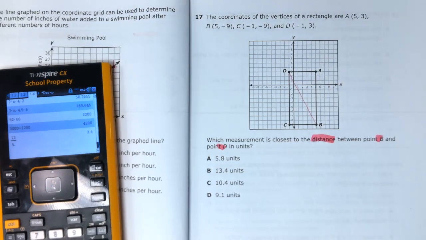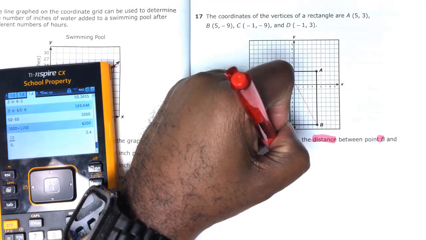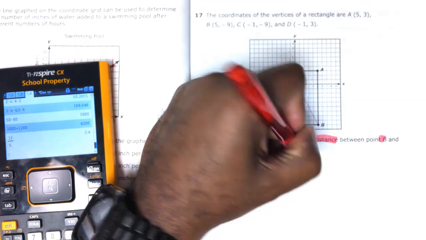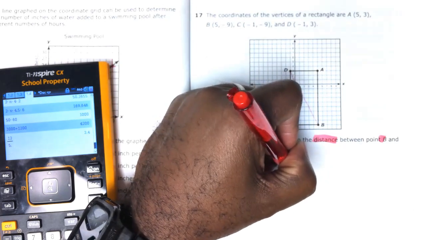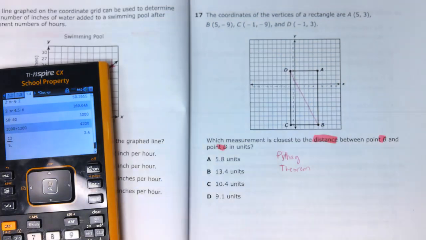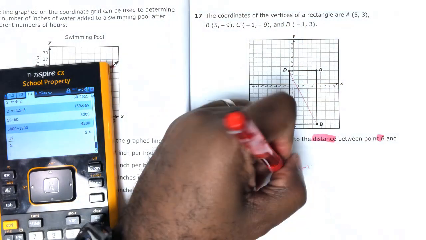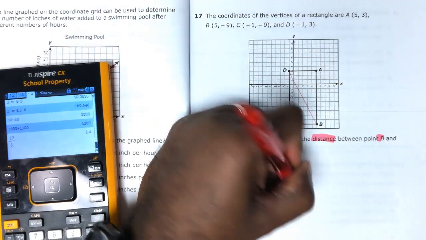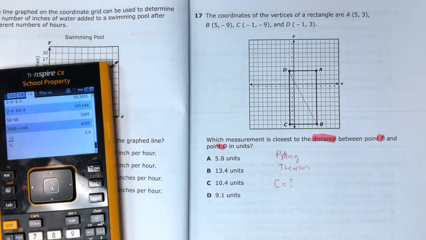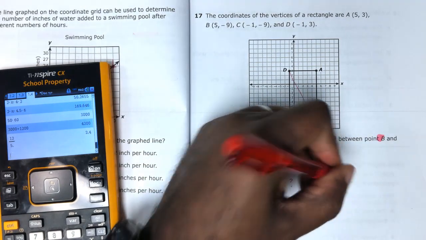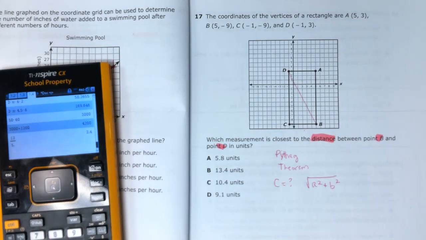Okay, so if we're trying to find a diagonal, this says Pythagorean theorem. I'm just going to write Pythag. Okay, Pythagorean theorem. And so we're finding C. So what C is equal to, question mark, and we know that it's the square root of a squared plus b squared, where your legs are going to be here and here. Okay, so first thing we need to do is figure out our legs.